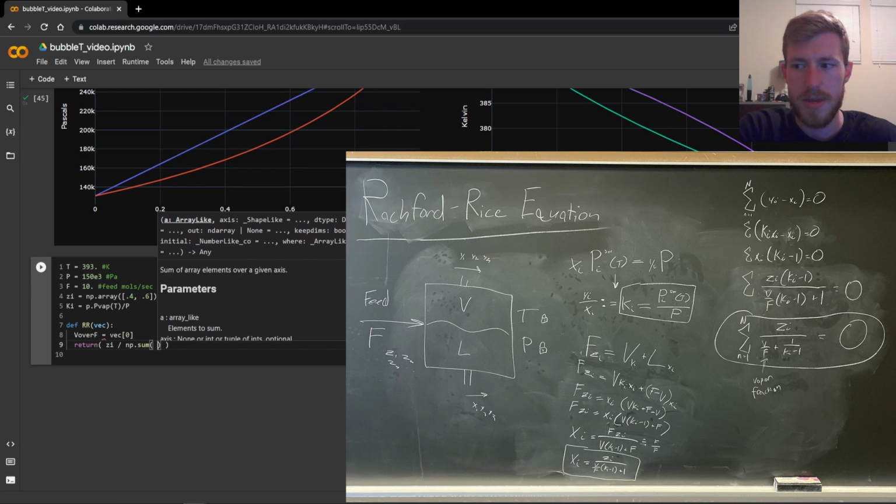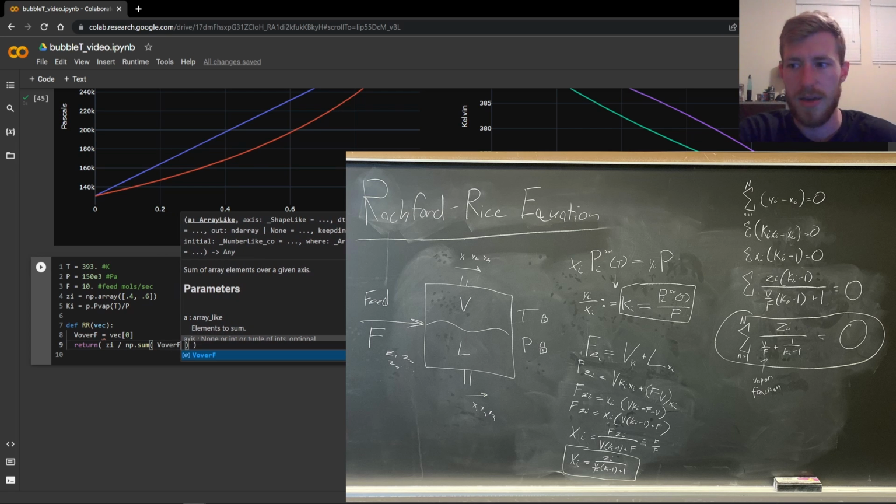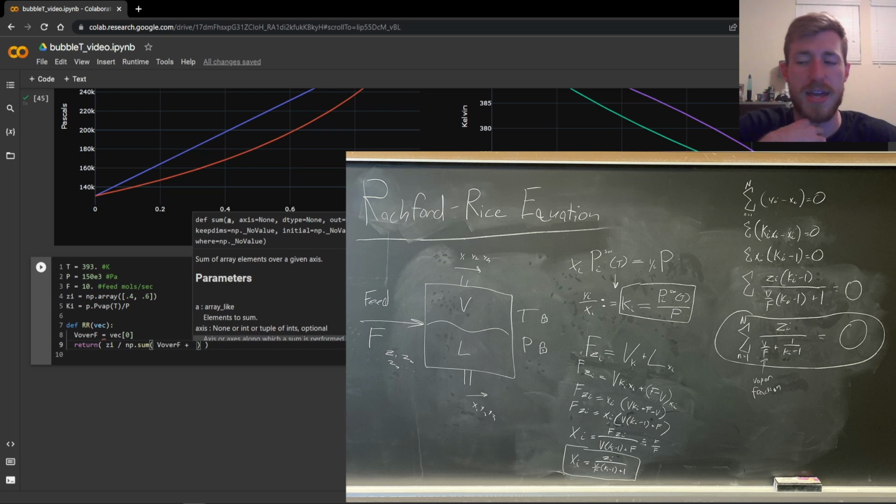And what's the sum going to be of? Well, we need the sum to be of each of the V over F, so it's going to be V over F plus, because V over F, again, is a constant, so that's going to be added together as many times as we need.